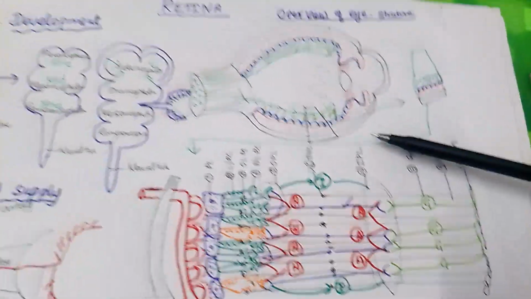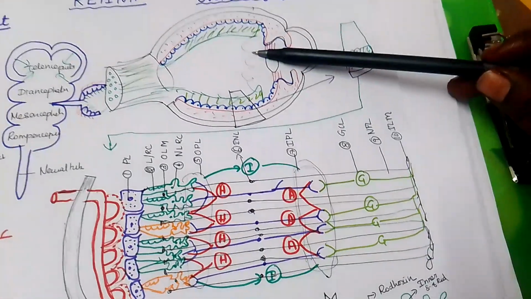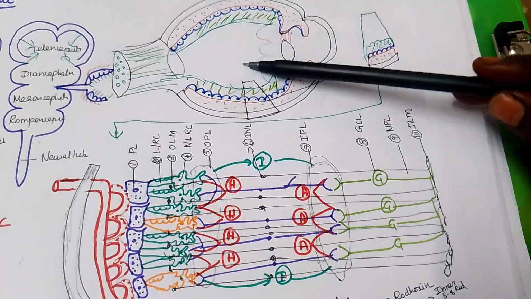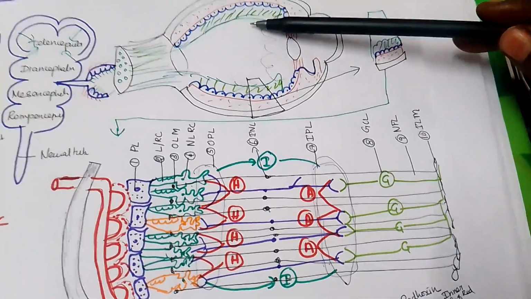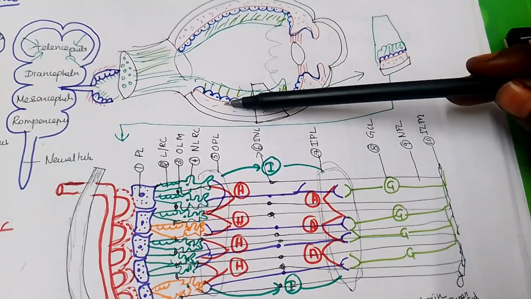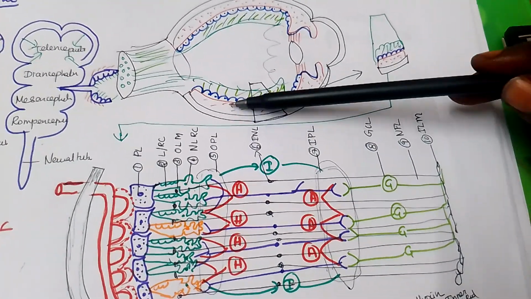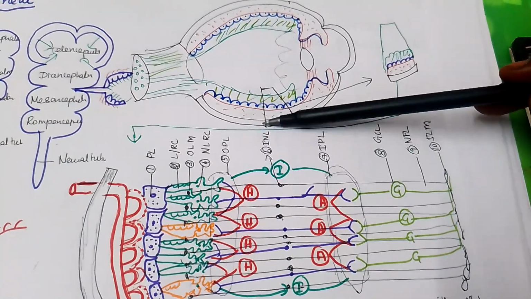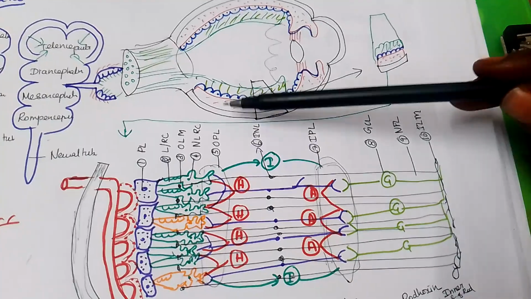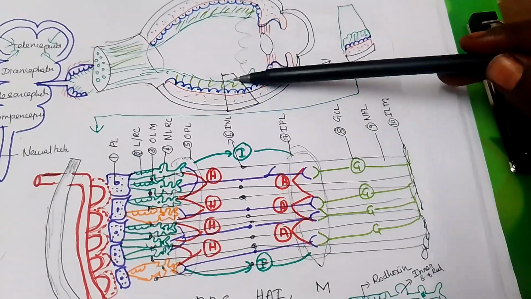Overall, the retina is an important layer. It is the innermost layer of the eye, sandwiched between the vitreous humor and the choroid. It takes its own blood supply and nutrients from the choroid and also from the ciliary artery, the posterior ciliary artery. If you see the cut section of this retina, there are 10 layers.